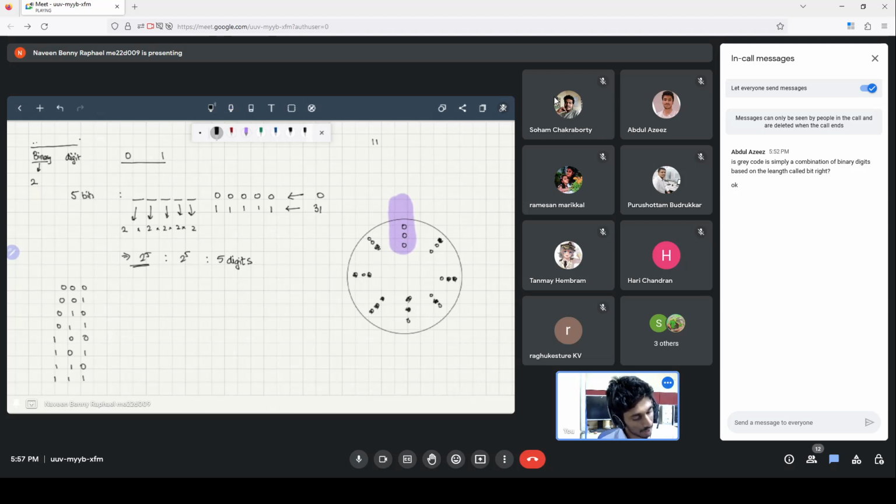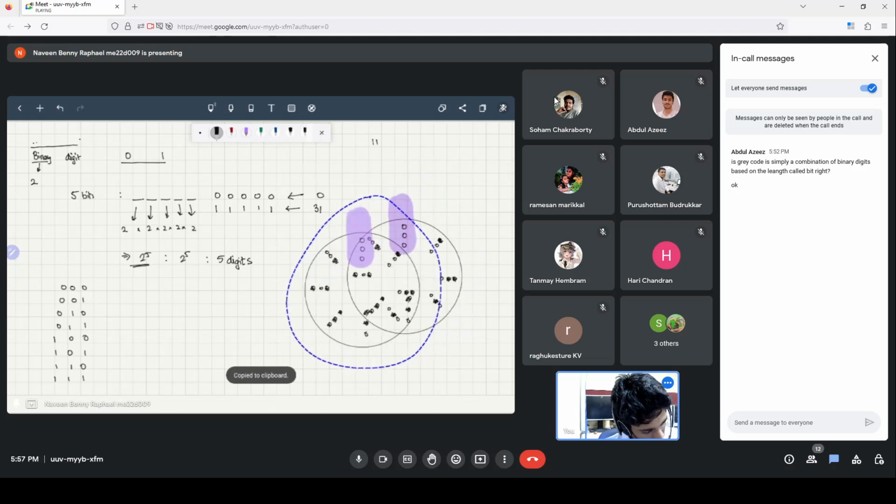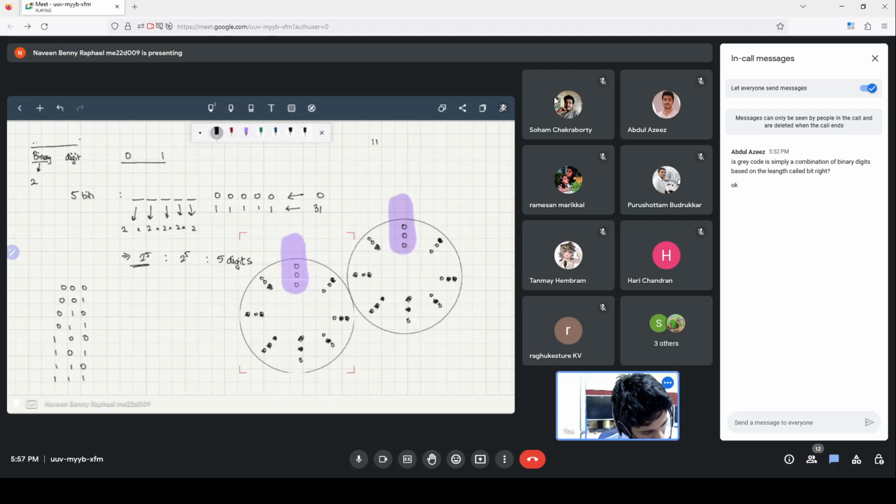Okay. Now, if the wheel rotates, eventually this filled-open-filled pattern will come here.